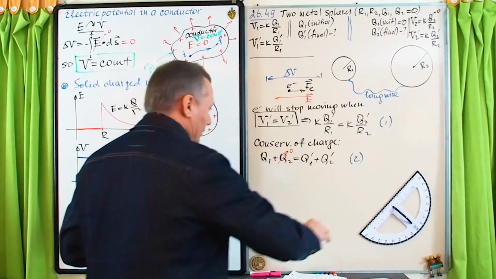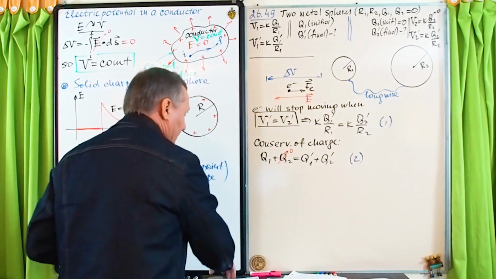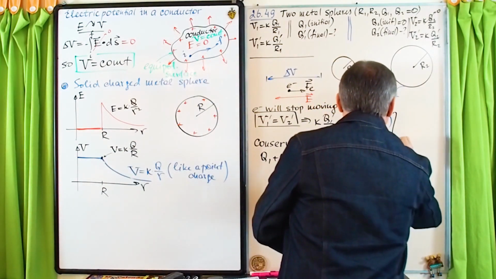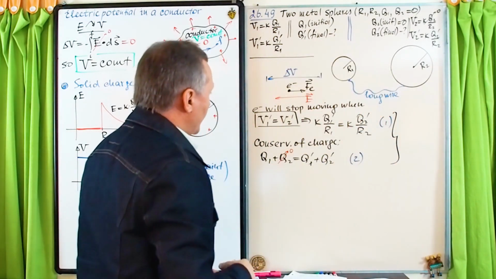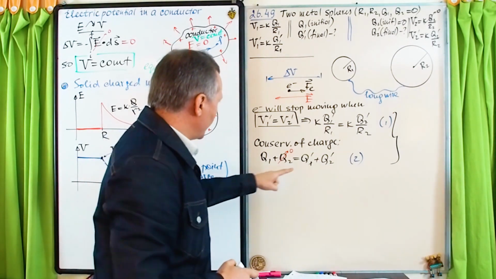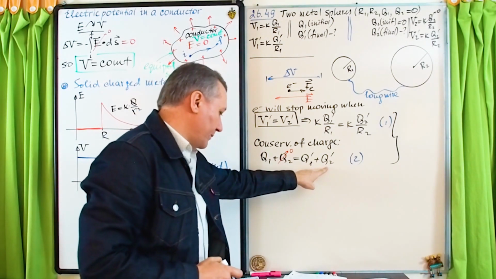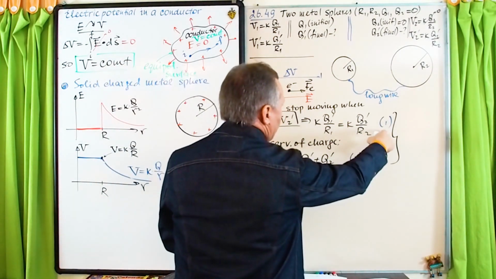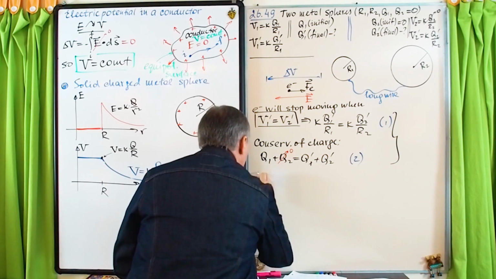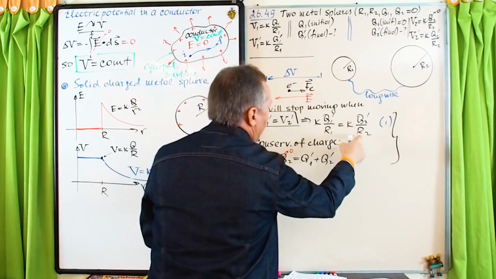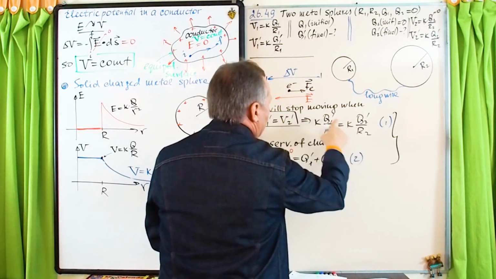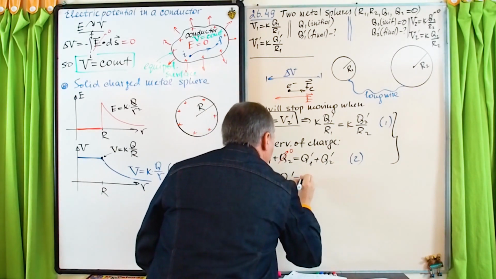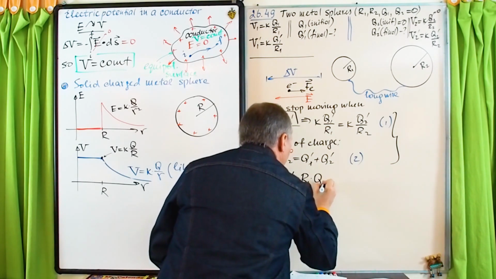Okay, so let me now do these calculations. Probably I will solve this for Q2 prime first. You know what, let me rewrite equation number 1 first. R2 Q1 prime equals R1 Q2 prime.